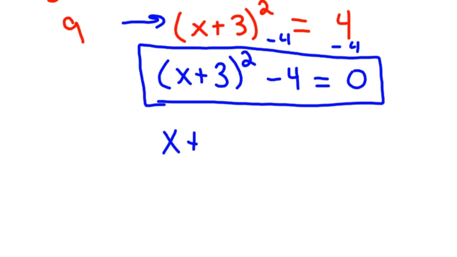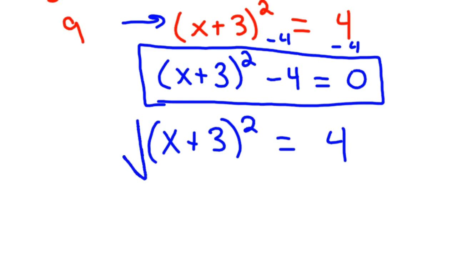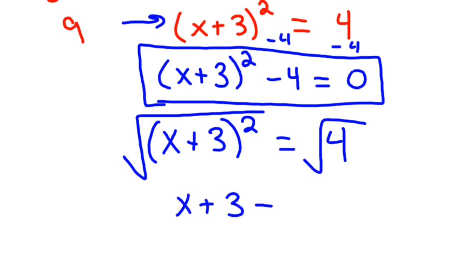So the next thing though that you did, let's go back to this step before I move that 4 over unnecessarily. We had x plus 3 squared equals 4. You then would take the square root to get rid of the square, and you're left with x plus 3 equals plus or minus 2.